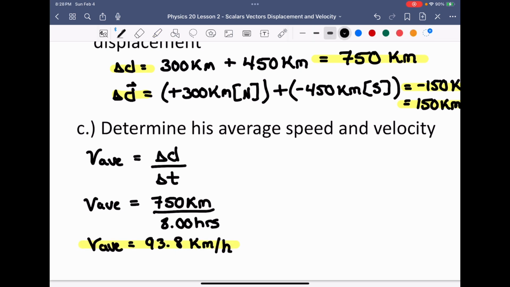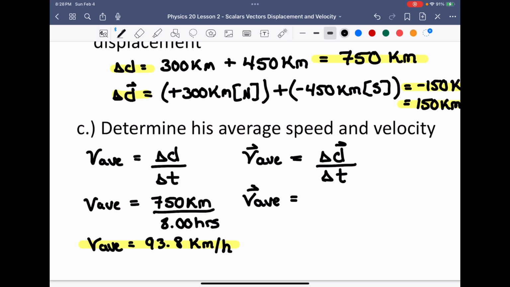Now we're going to move on to the overall velocity calculation. v_av, or velocity average, because we're going to put the vector symbol above, is equal to the change in displacement, or from the start to the end position, divided by the total time. Now, from above, we calculated that it's equal to 150, or we could even just put in a negative symbol here.